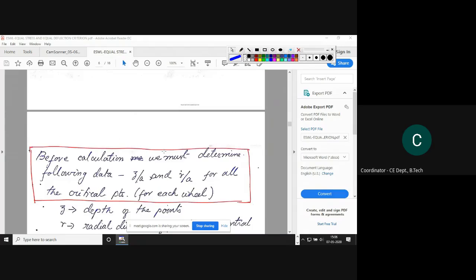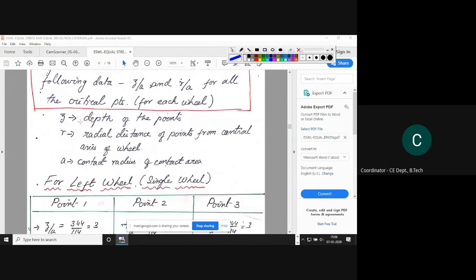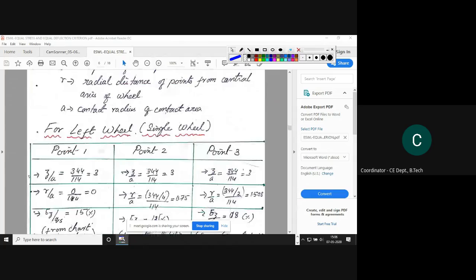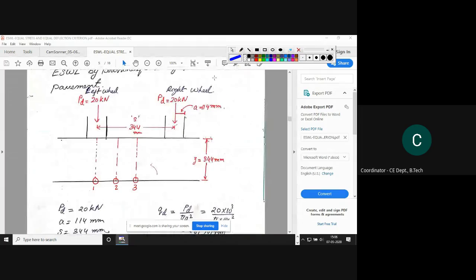Now before calculating that sigma z by P, we must know this depth and a, say for example for the left wheel. So we are going to the diagram once more. See, for the left wheel, this is the first point. Now for the first point, what is the z by a value?